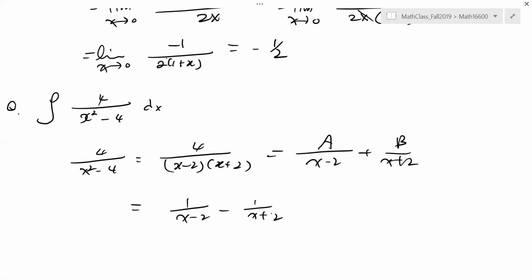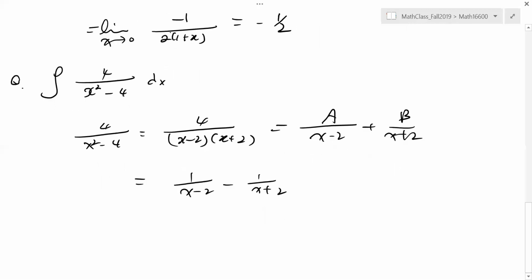Combine them, and you get x minus 2 times x plus 2 in the denominator. Why choose a negative sign? Because if I choose a negative sign, I get a constant on the top when I combine those 2 terms. The x will be gone: x plus 2 minus x minus 2, I get 4. So it already gives you the 4. That's a very quick way to get the decomposition.